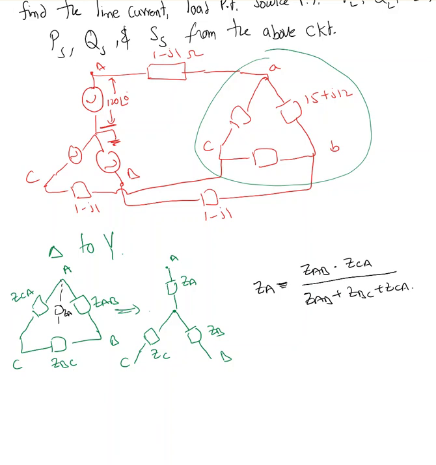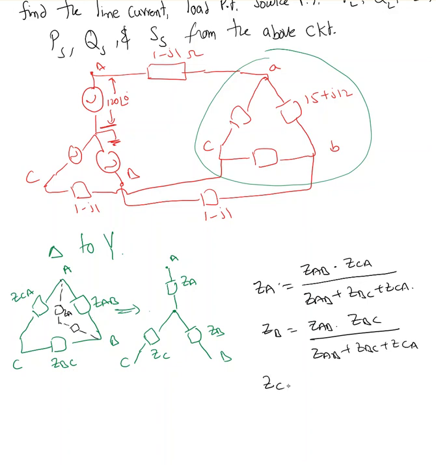That's how we find the impedance at A. And for the remaining one, ZB is surrounded by AB and BC, so ZB equals ZAB times ZBC over AB plus BC plus CA.